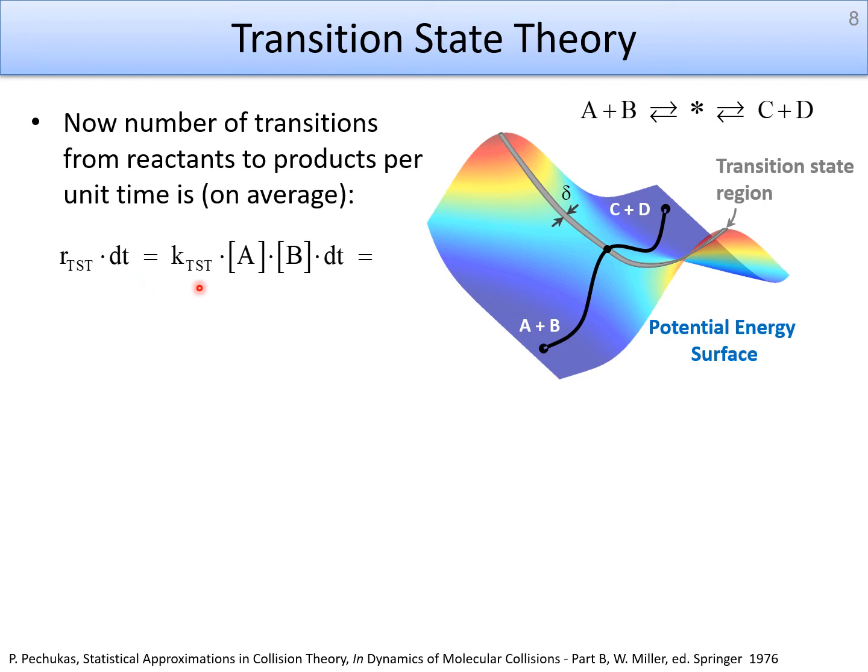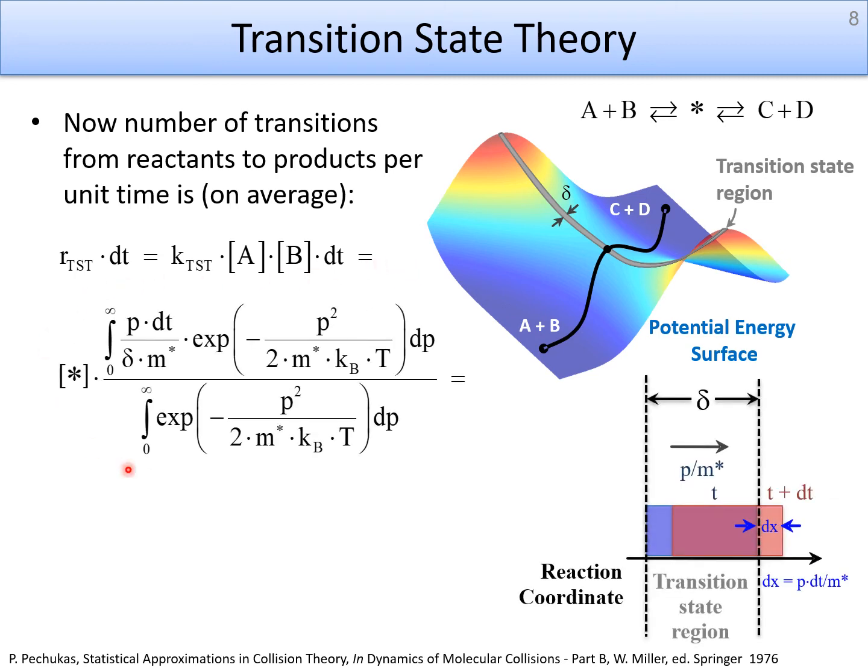And this is simply equal to the rate constant from transition state theory times the concentration of reactant A times the concentration of reactant B times dt. So we're using the standard mass action law formulation because this event is assumed to be an elementary event. So this is equal to this expression over here.